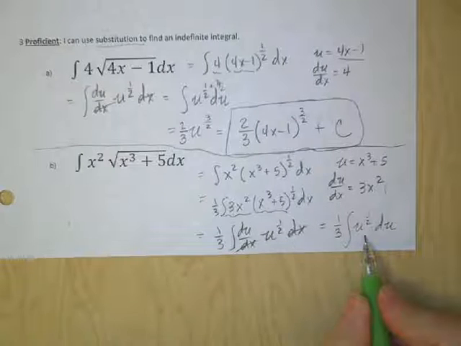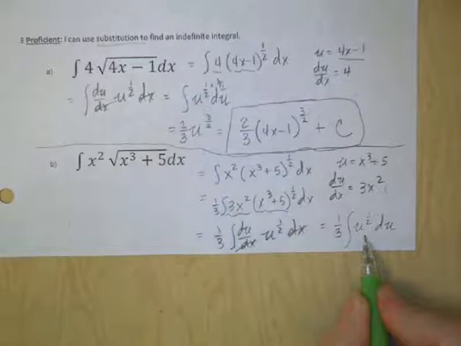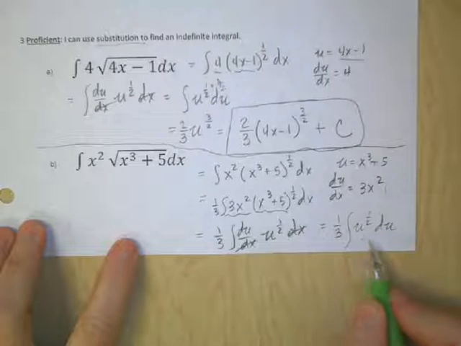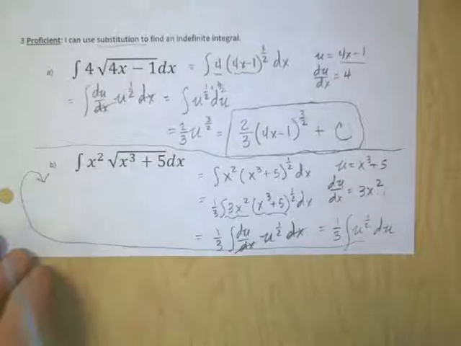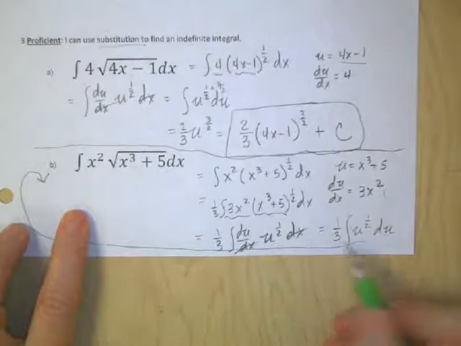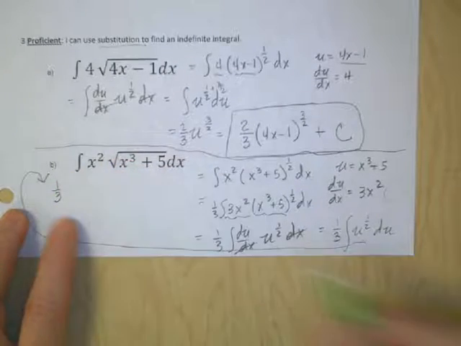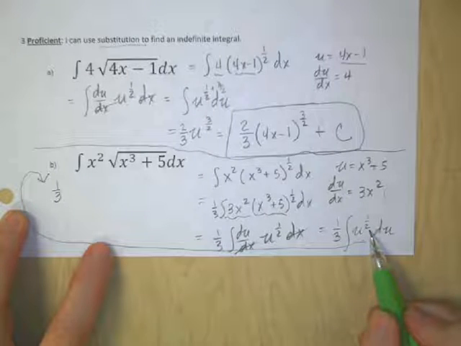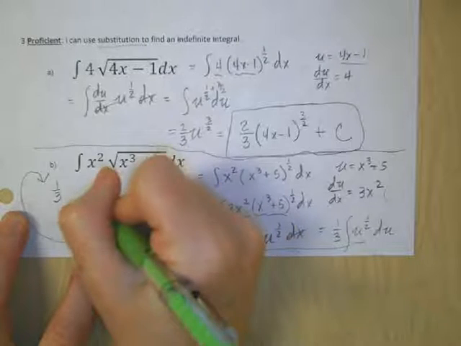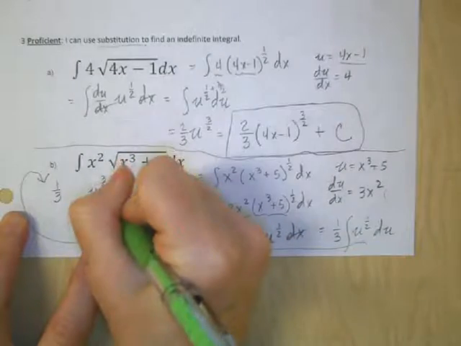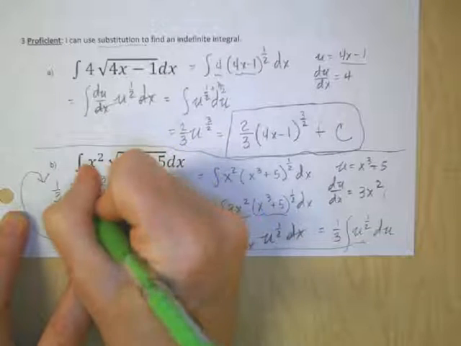Well, I already did that up here, so I'm just going to steal it from up there. Sorry about this, I'm going to go back over to here. So I still have my 1/3, and then u to the 1/2 integrates the same way: we add 1 to the 1/2, so we get u to the 3/2 times the reciprocal of that, 2/3.